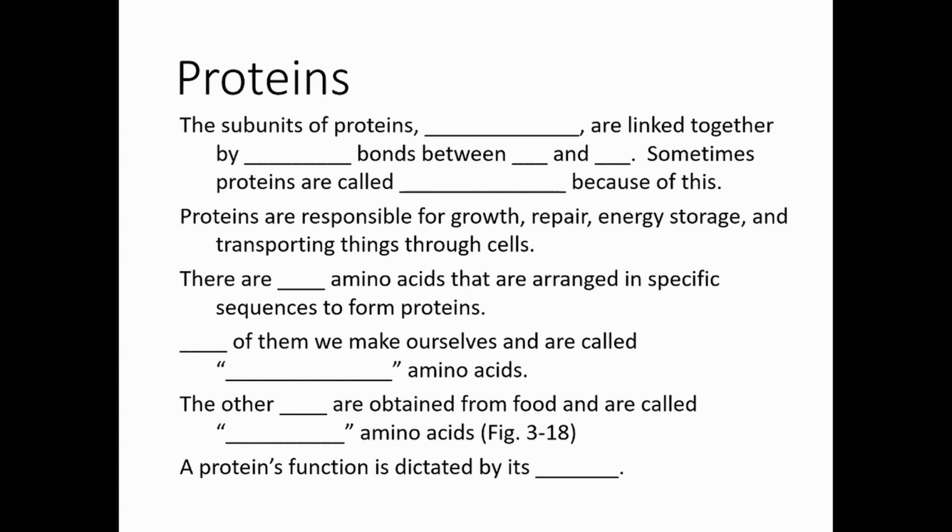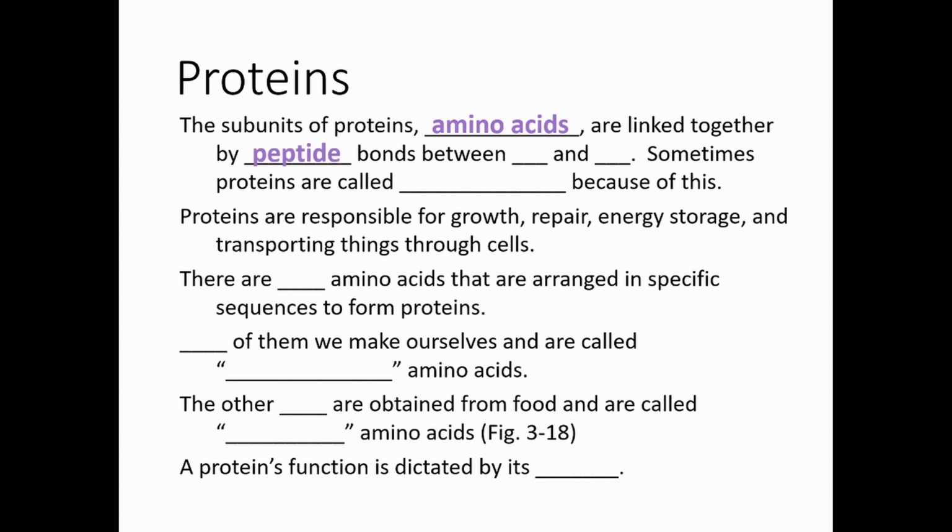Moving on to our third category, we have the proteins. The proteins are a very diverse, very wide-ranging group of macromolecules that do so many different things in our bodies and in living things. Their subunit is called the amino acid. This is the basic unit of proteins, and when we link a lot of amino acids together, that's how we build up the proteins.